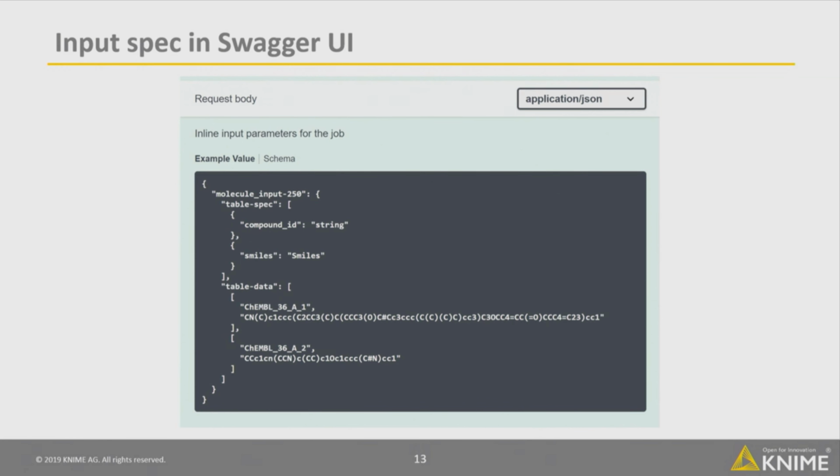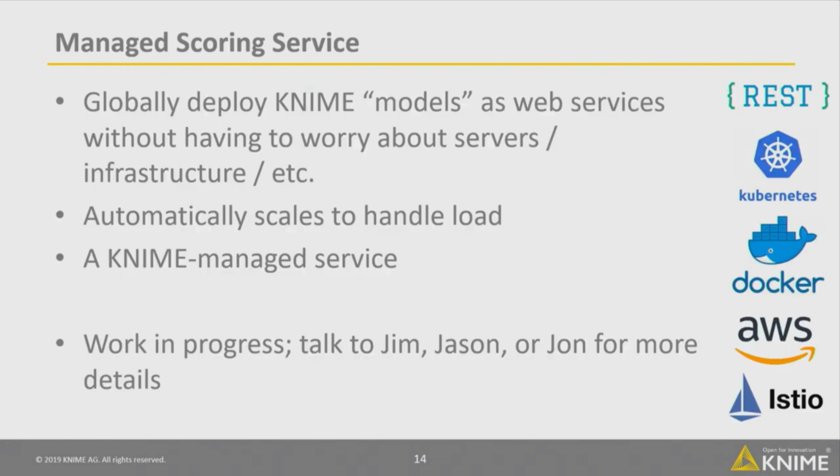Another piece on the services side, this is disconnected, which is why I'm not going to get into too much detail on it, but it's really cool. There's something we've been working on over the past about year now, which is the Knime Managed Scoring Service. This allows you to take Knime workflows, short-running Knime workflows that you've done, and deploy them very easily as web services using a service that we host.